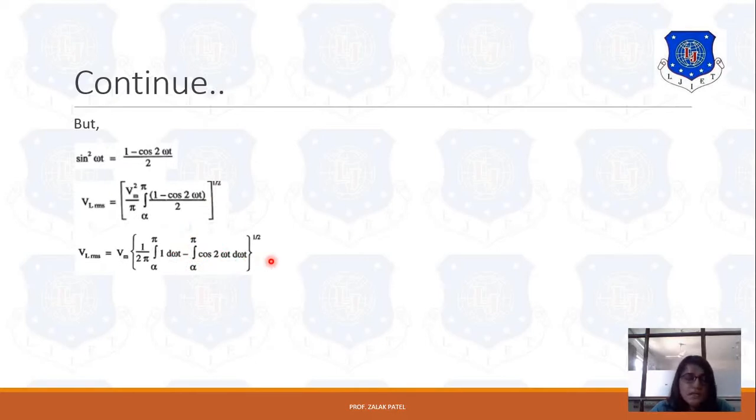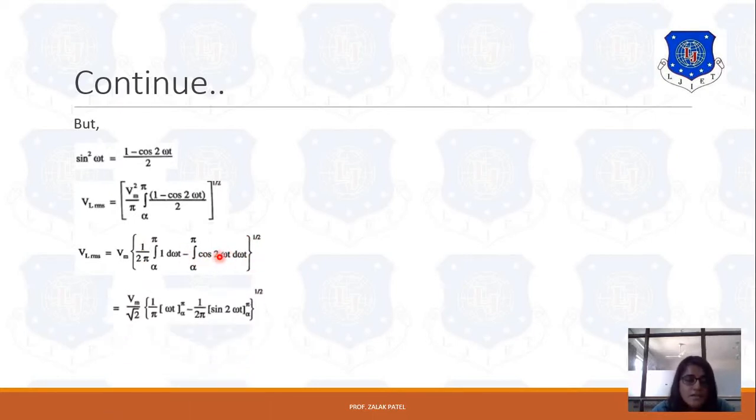The integration of 1 is only omega t, and we have to apply the limit. For the other term, omega t is present with the cosine function, so the integration of cos is sin.